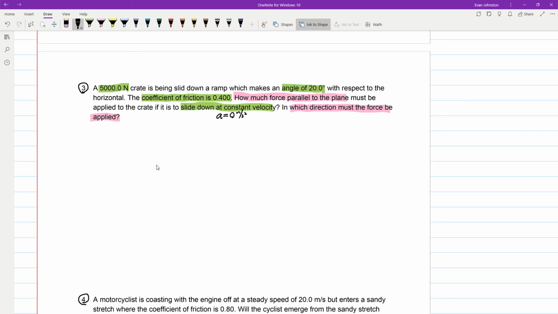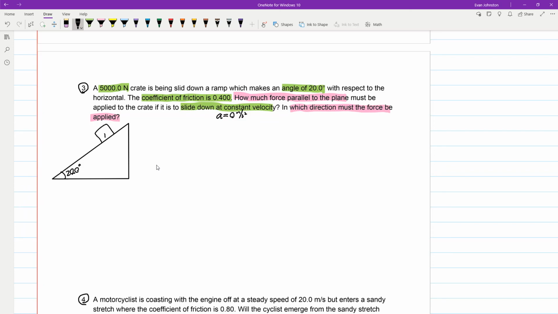So we'll start with our picture. We have our plane, and our box is going to be on it. We know this is 20.0 degrees. I like to put my box a little bit higher up the ramp because it gives me more space to do my triangles.